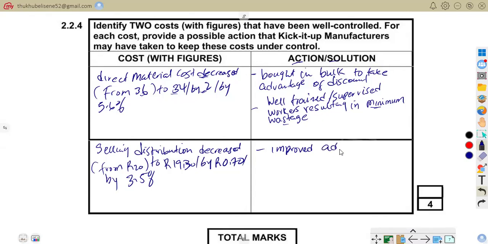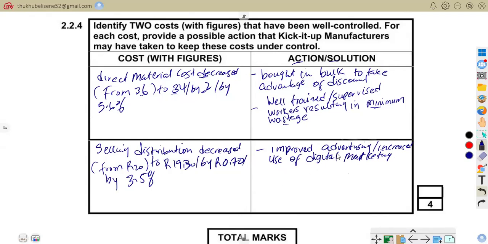or increased use of digital marketing, because you can see our selling distribution decreased.